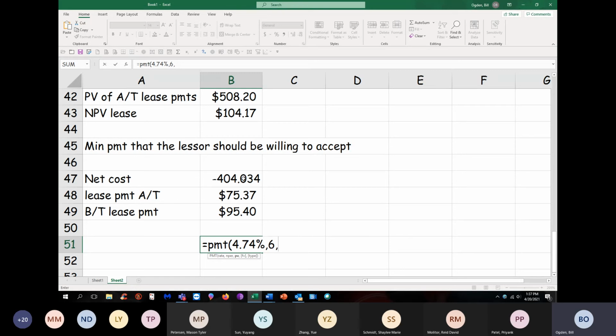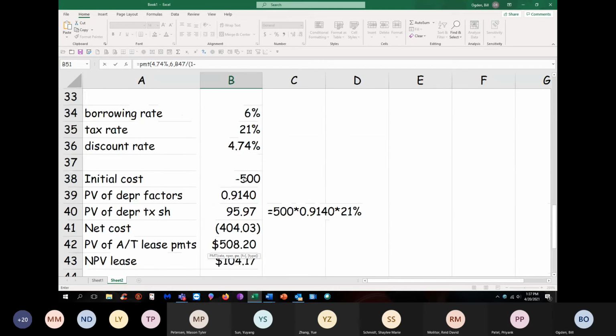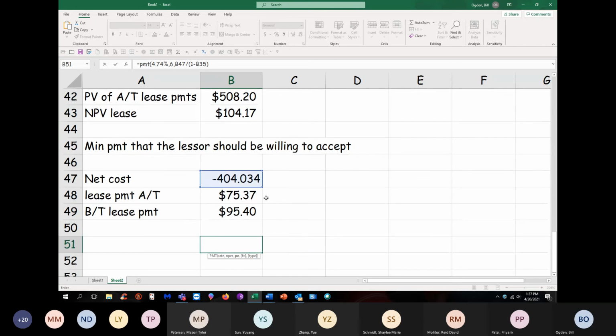So this net cost is an after-tax value. Rather than flipping the payment afterwards, I'll just flip the cost. If I click on this, I'll flip it to before tax, I'll divide it by 1 minus the tax rate for the lessor. Then no future value and a 1.